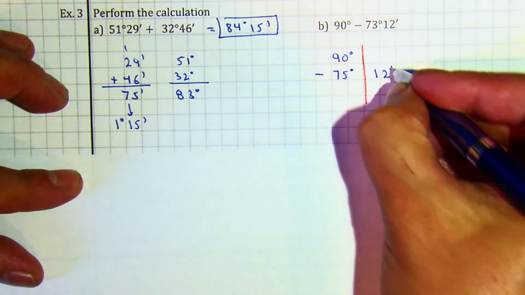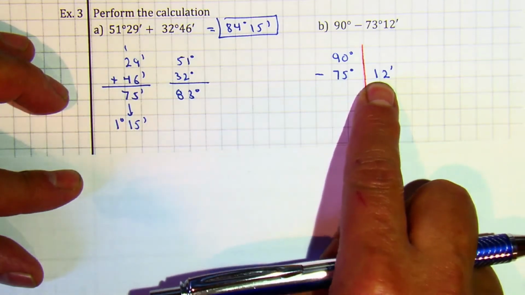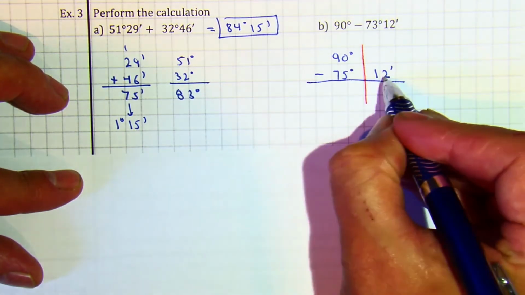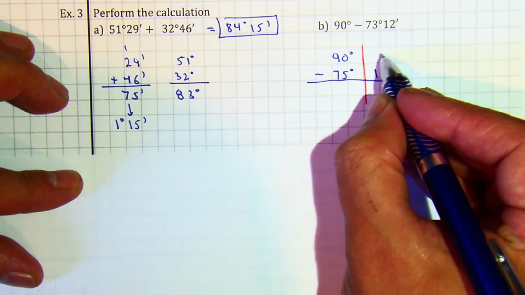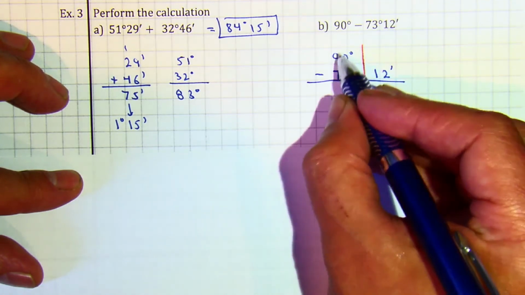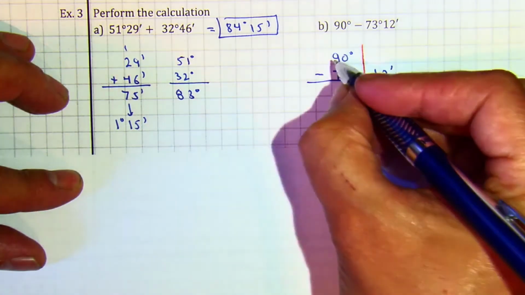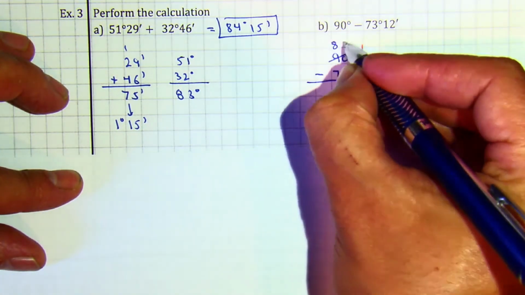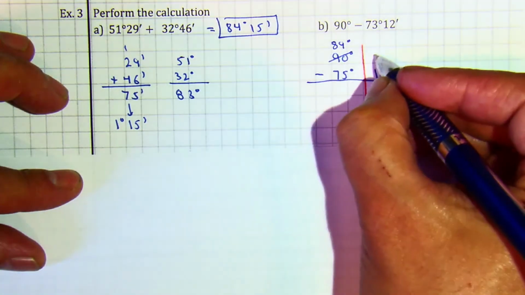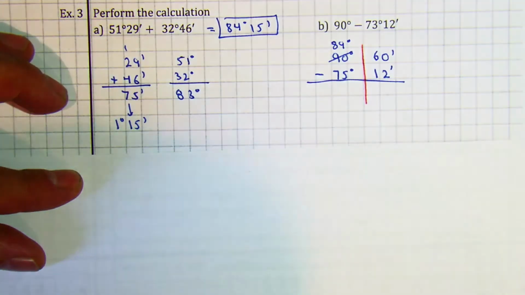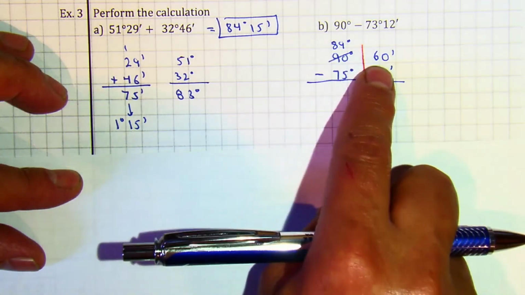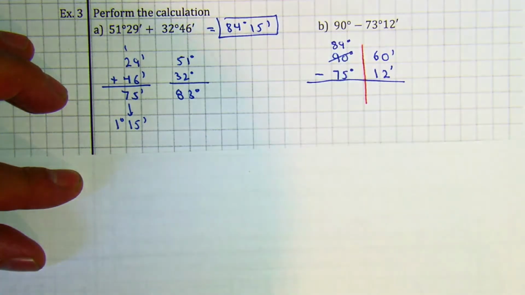And I need to subtract 12 minutes from nothing. So I'm going to take one of the degrees and convert it into minutes. This will be 89, the same way that you subtract and borrow. So this will be 60 minutes. Correct? 89 degrees and 60 minutes is equal to 90 degrees.